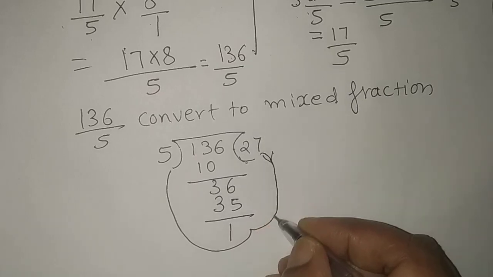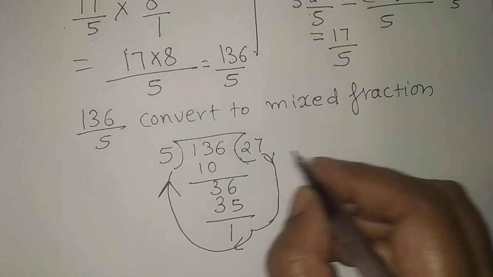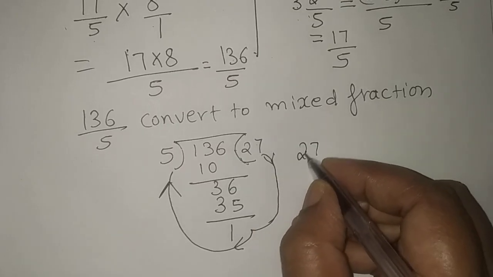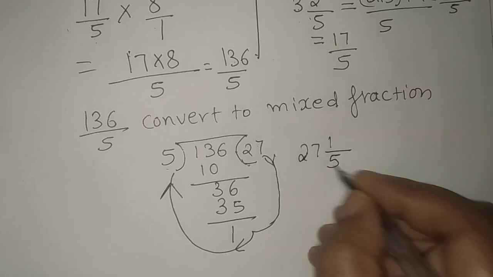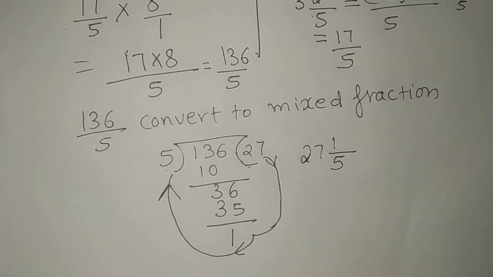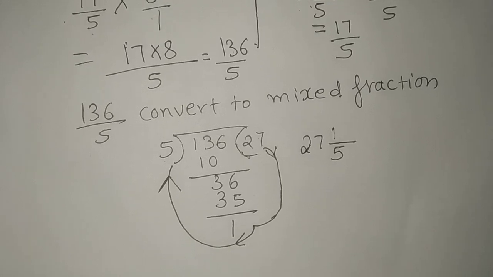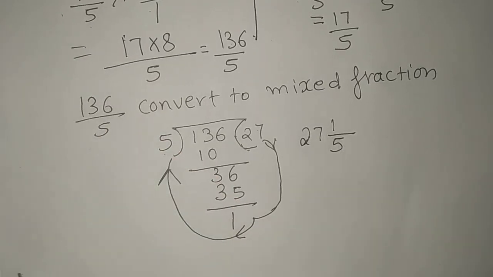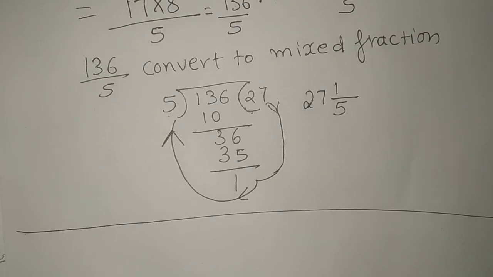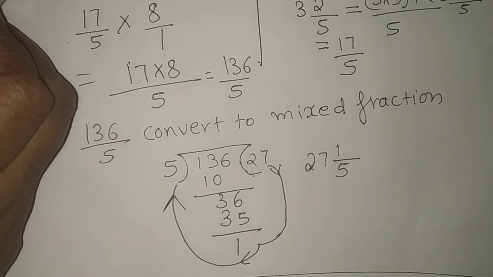First write down this, then this, then this. Therefore first write 27, then 1 remainder right here, then 5 here. This is the procedure to find the product of these two and convert into a mixed fraction. So this ends question 6.